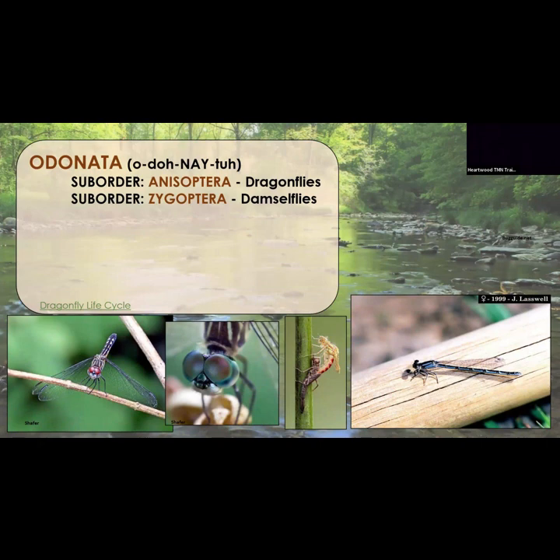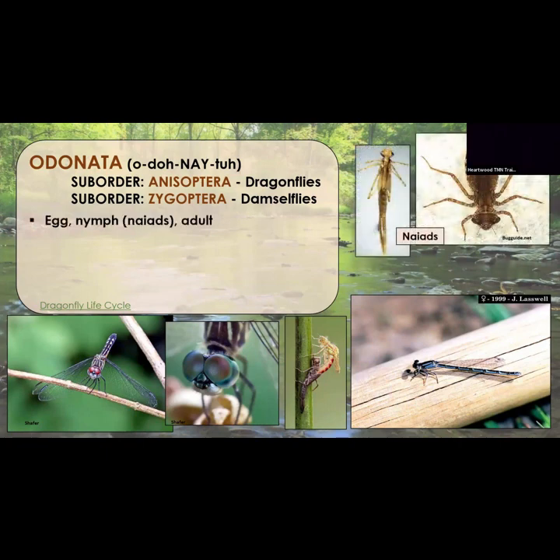If you think about their names, dragonflies are your big stealth ones. Damselflies are your dainty, wafty ones, right? One's a very aggressive predator. The other one's not too bad itself, but it is the damsel for a reason. They both have a nymph stage that are naiads. That is incomplete metamorphosis.